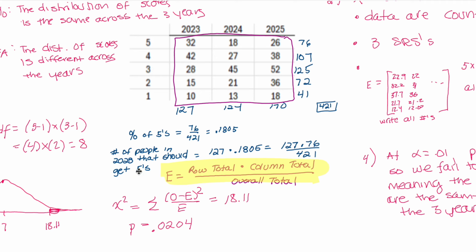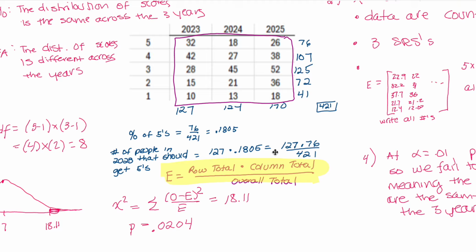Therefore, the number of people in 2023 that should get 5s will be 127, which is the total number of people who took the exam times the percentage of people who scored 5 over the years.